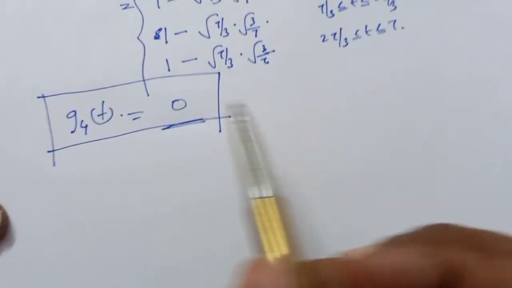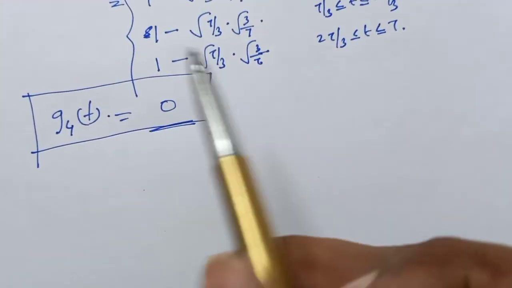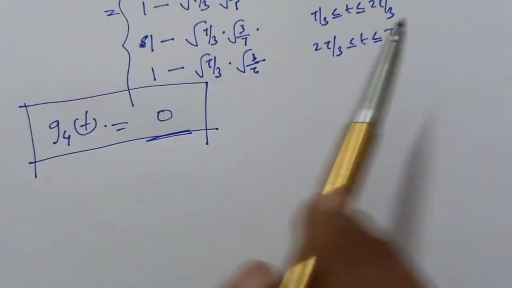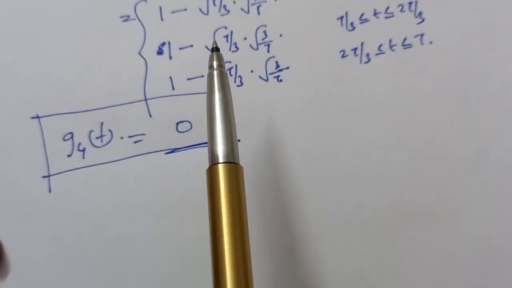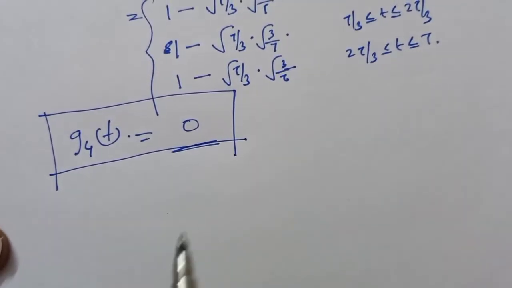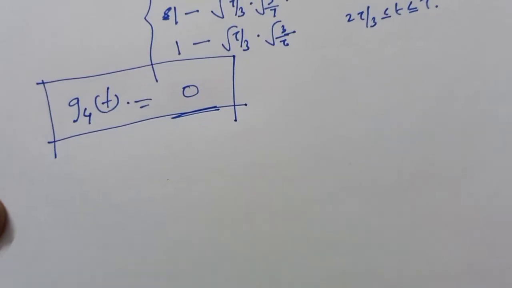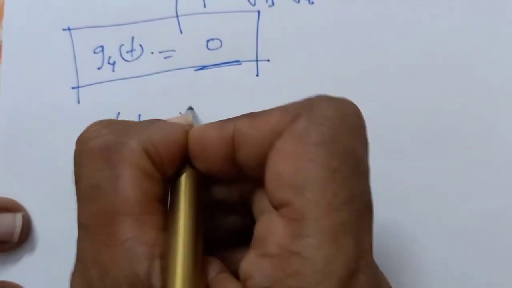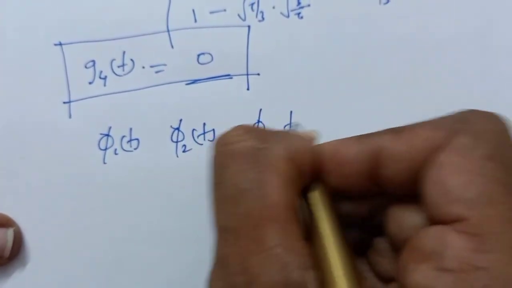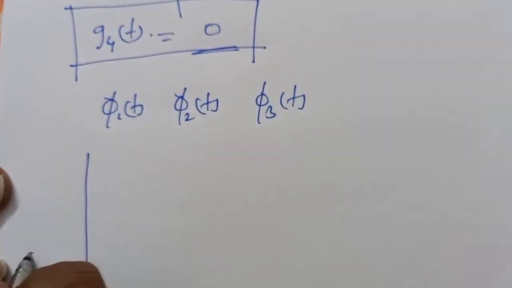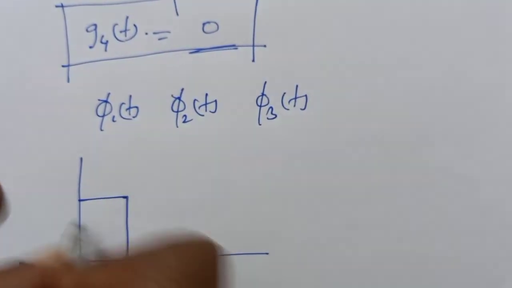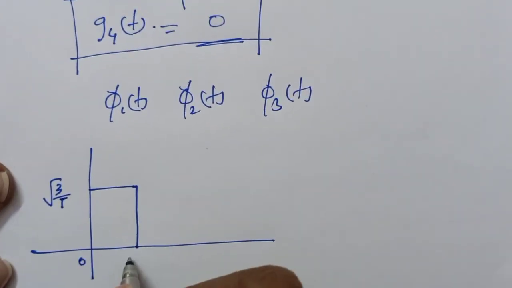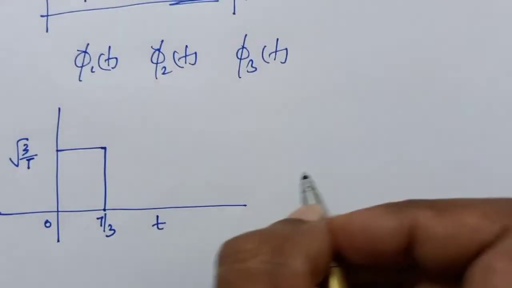So as I said earlier, the intermediate function will be present only if the signals are linearly independent. Here s4(t) is written as a linear combination of the first and third signal. So g4(t) will be absent. So now we can plot our orthonormal basis functions φ1(t), φ2(t) and φ3(t). So φ1(t) is plotted as root of 3 by T from 0 to T by 3.